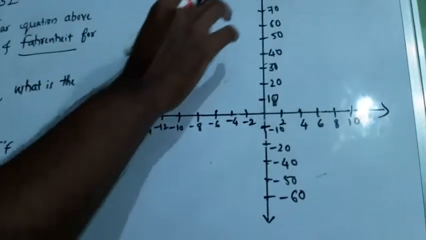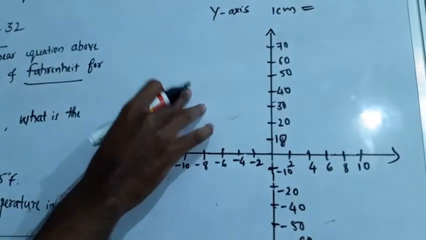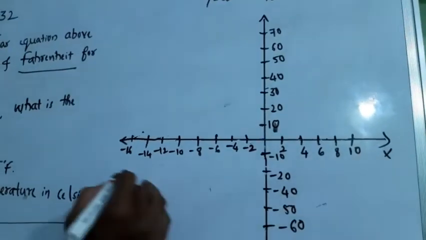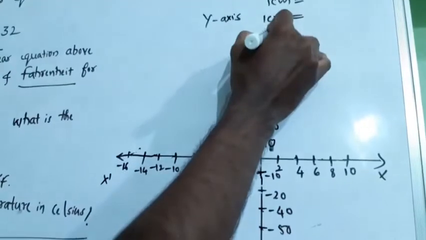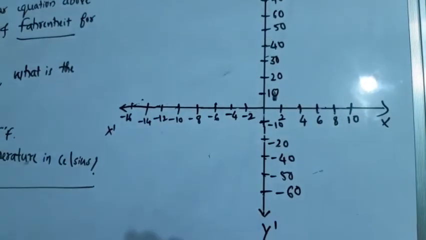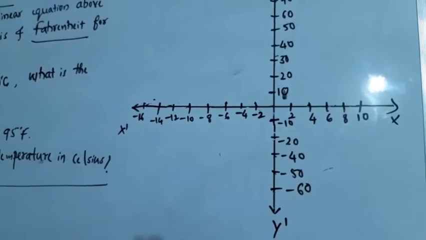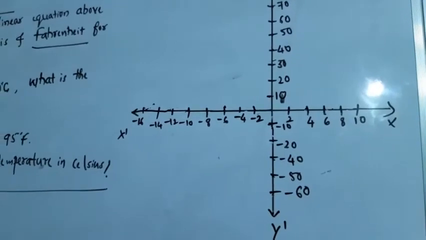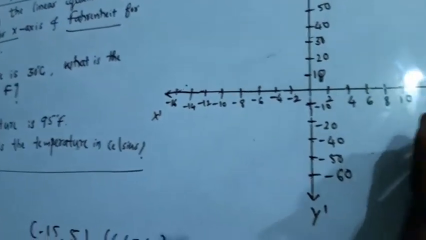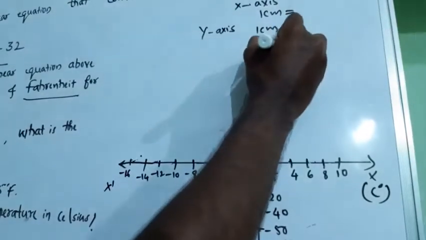So what I have done, the x-axis is nothing but this x dash, y dash. Celsius for x-axis, this is centigrade, this is Fahrenheit.